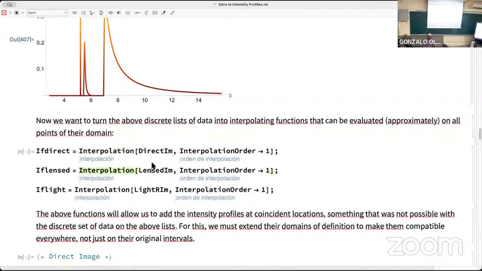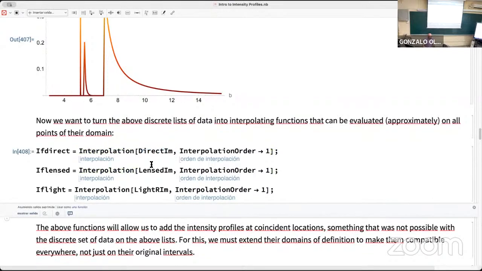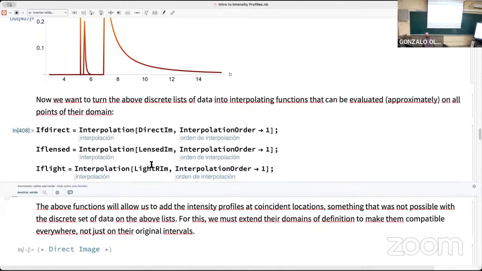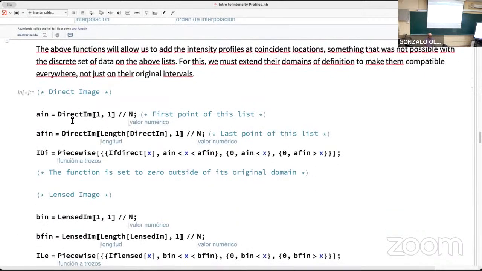We build these interpolation functions, but they are only defined in the region where they have support. We want to extend that definition to all space, and for this we need to use the command Piecewise.